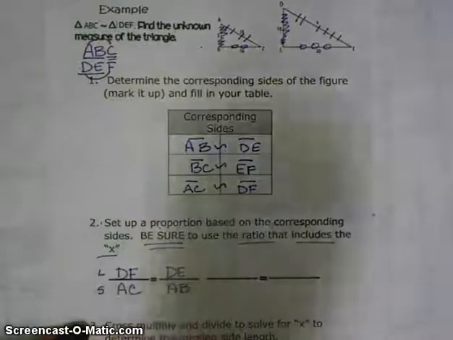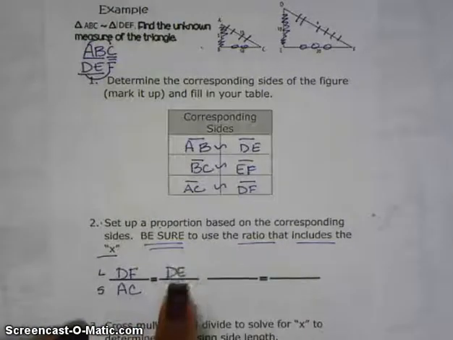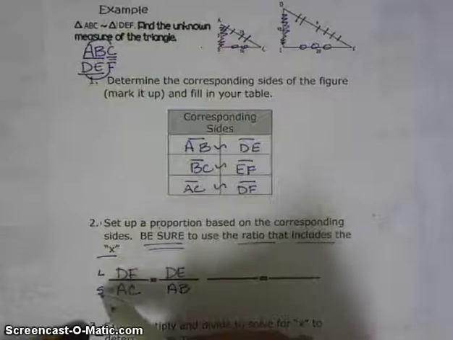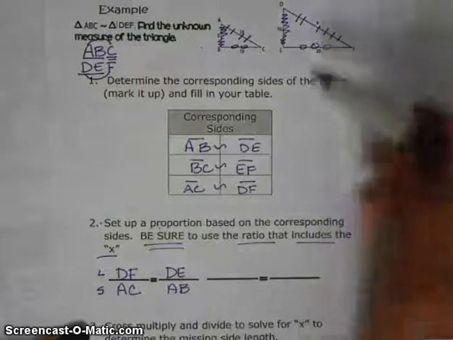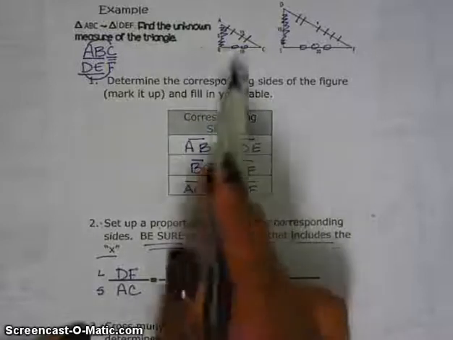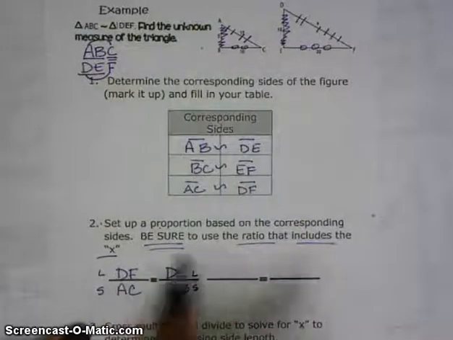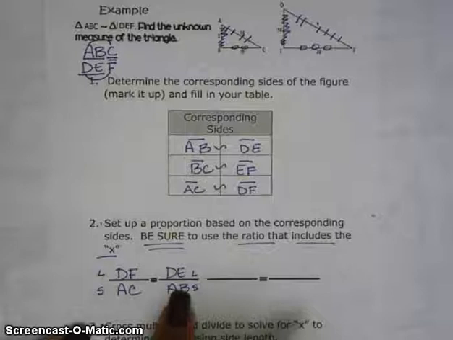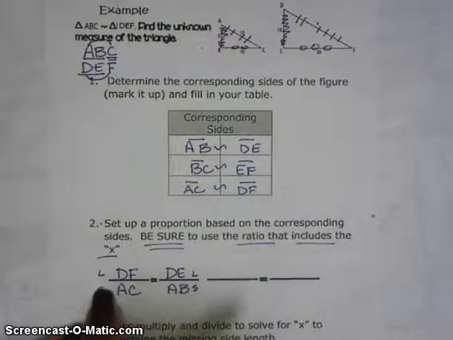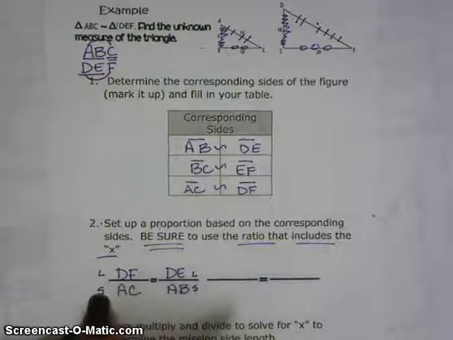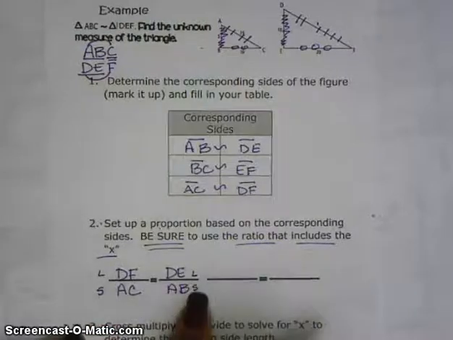The AC came from the small triangle. This is important because this second ratio must also follow the same order. I must go large to small. And so that's why I went DE, this is large, over AB, which came from the small triangle. So not only are my corresponding sides correct because I matched up my markings, but so is the order in which I did that. I went large triangle to small triangle, large triangle to small triangle.